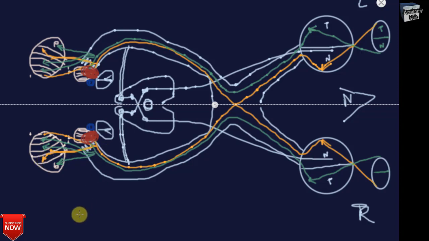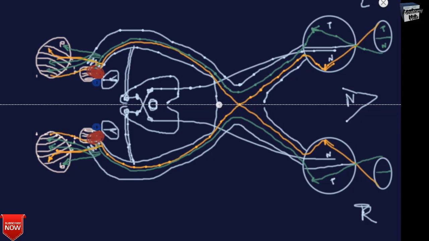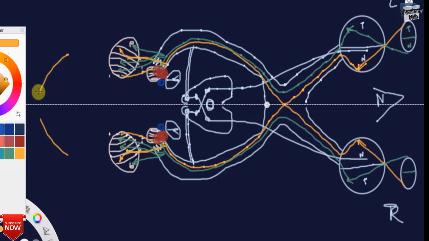So these fibers relay over here, and after that the fibers of your geniculate body travel towards the occipital lobe. Here you will find the occipital lobe, and here you will find the calcarine sulcus.